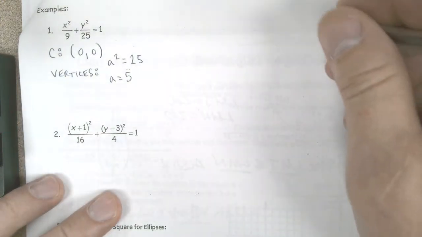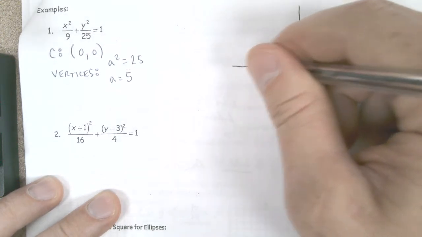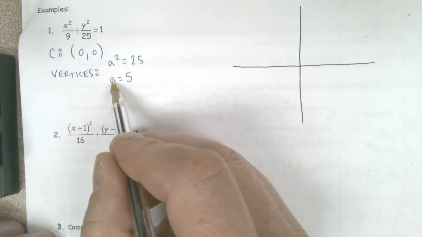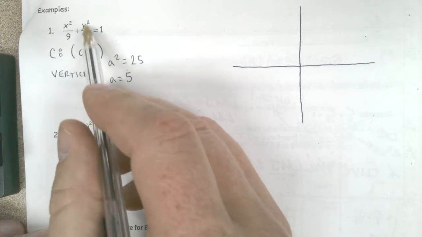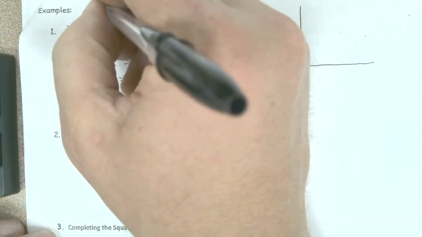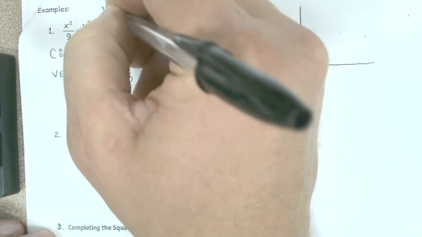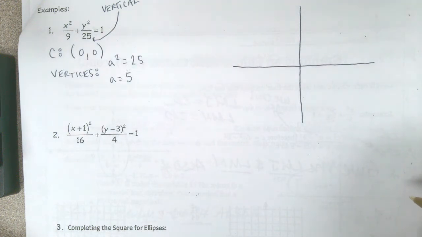Now what that tells us, and I'm going to make the graph as we go along here just so that you understand what we're finding, because our a value is 5, and because our a value is under the y, that tells us that we have a vertical ellipse, because the a value is underneath the y.